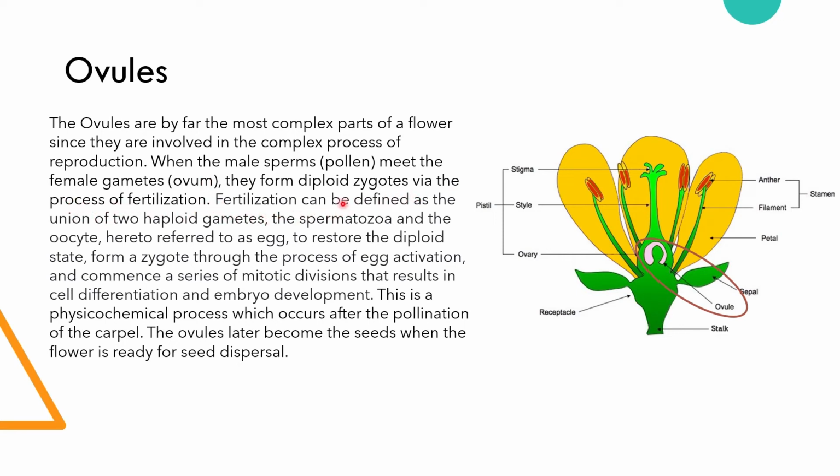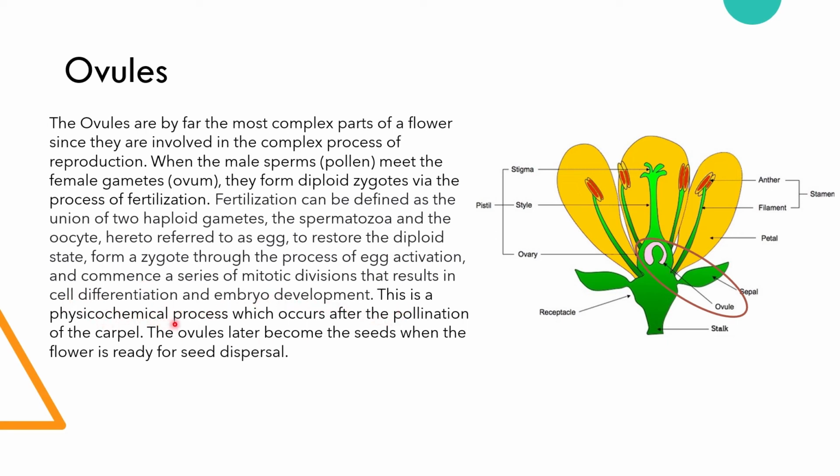Fertilization can be defined as the union of two haploid gametes, the spermatozoa and the oocyte, hereto referred to as the egg, to restore the diploid state, form a zygote through the process of egg activation and commence a series of mitotic divisions that result in cell differentiation and embryo development.